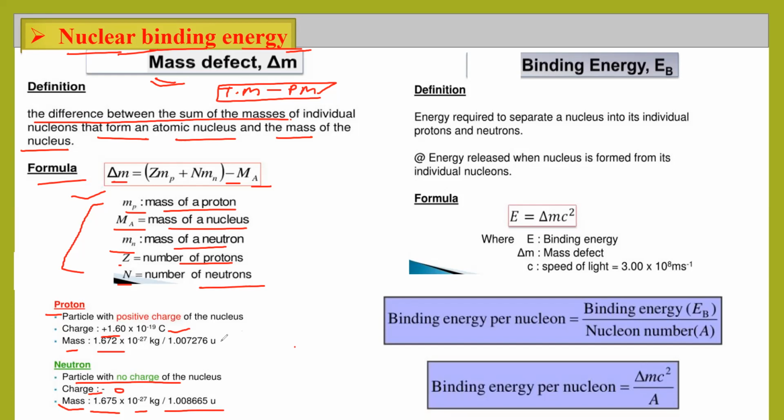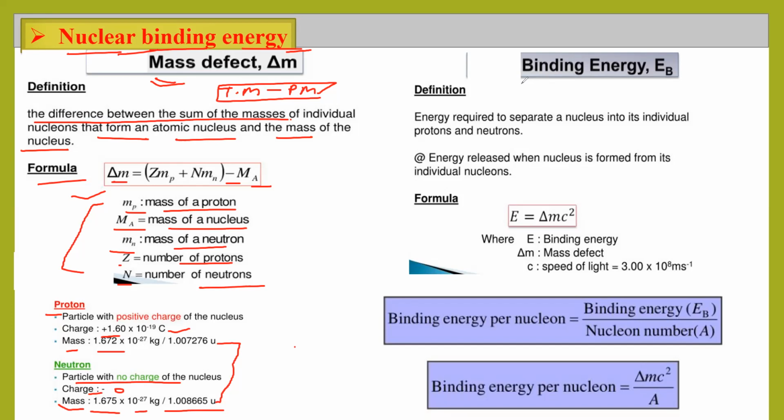So these are theoretical values. In this way we can calculate the mass defect. We just need two things: the number of nucleons and the mass of the nucleus should be given.